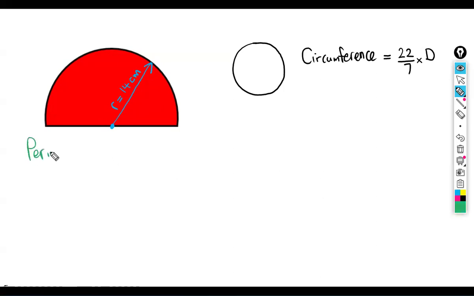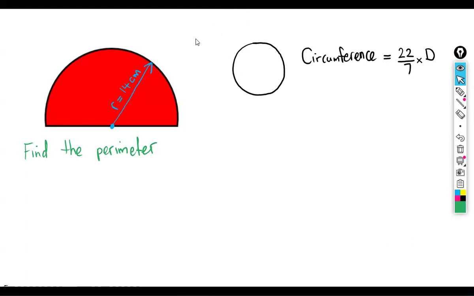Find the perimeter of the semicircle or of that shape in front of you. Find the perimeter. Try this question and send the answer on the chat. It's a slight trick question. And the examiner loves to pull this trick on you in the exam.